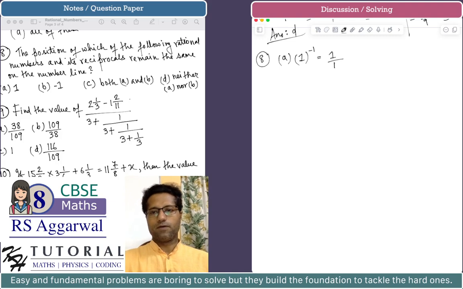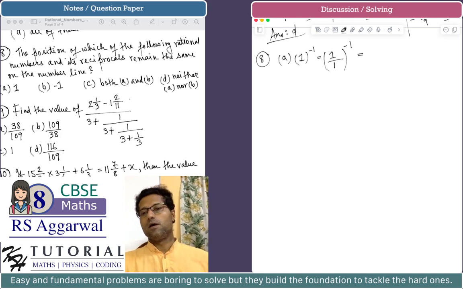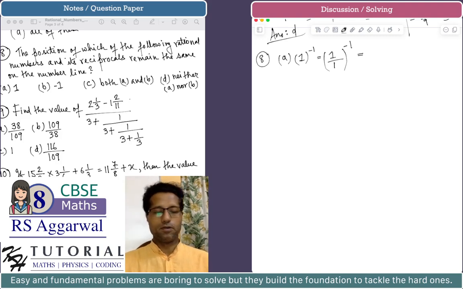How? Because when we take its multiplicative inverse, we just reverse the numerator and the denominator, and both are 1. So this remains 1 by 1, which is equal to 1. So 1 is definitely equal to its reciprocal.